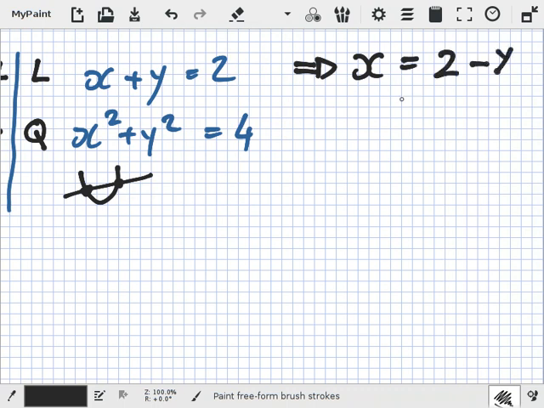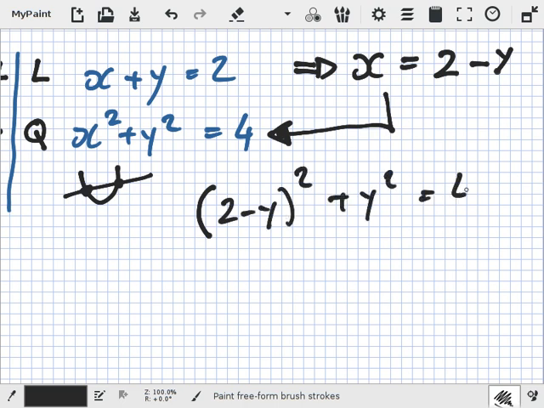Now what do I do with that? Put it in here. So now I have 2 minus y. Good. Now, do you know how to open this?